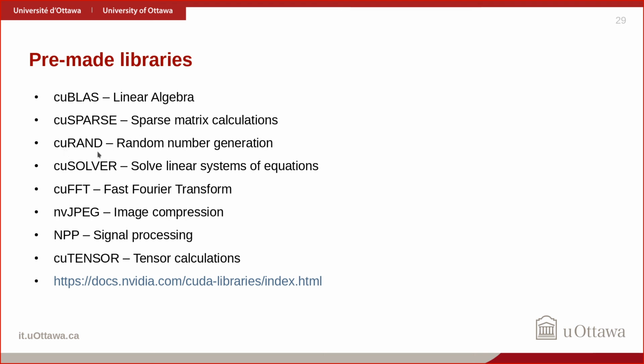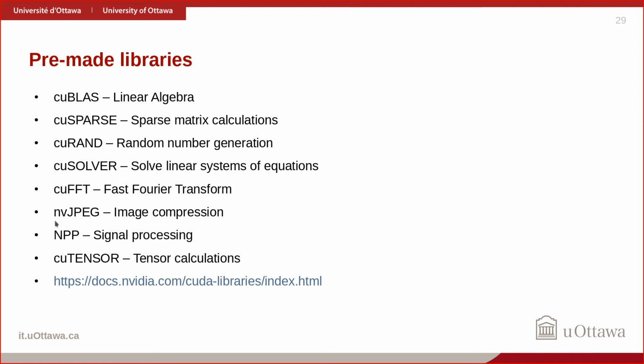You can also get a very efficient random number generator that gives very good random numbers. There's cuSOLVER, which is a combination of the BLAS package, and it lets you solve linear systems of equations. There's also cuFFT, which is for fast Fourier transforms. That's very nice, by the way. They're really fast.